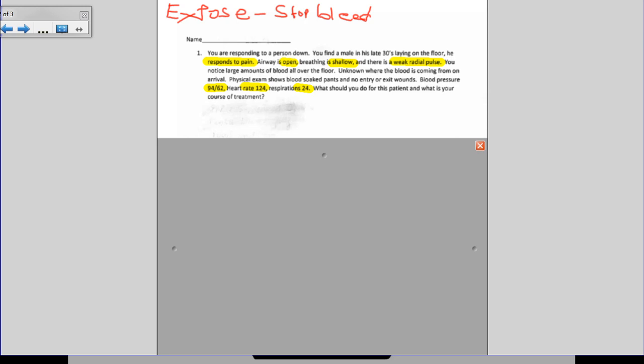He responds to pain, so let's assume he has a gag reflex, so we're going to use a nasal airway, followed by positive pressure ventilation.